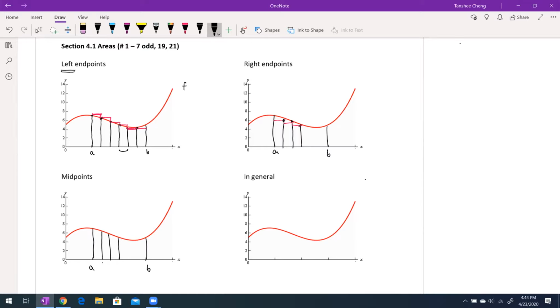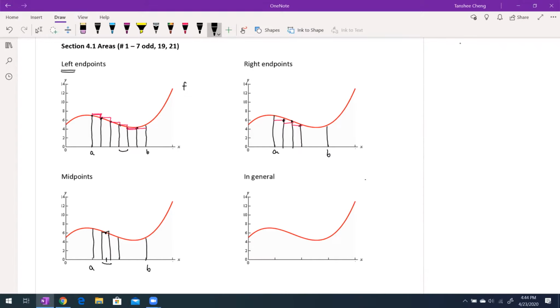So when we talk about the midpoint, the height we'll be using is the midpoint of this width, so it will be right here. Therefore, you can see right away that within this rectangle, some portion is underestimating and some portion is overestimating. So it becomes a better technique to approximate.